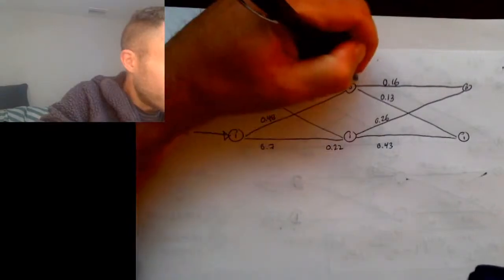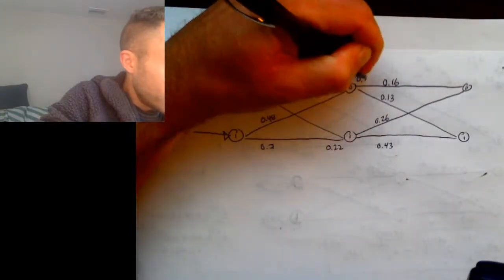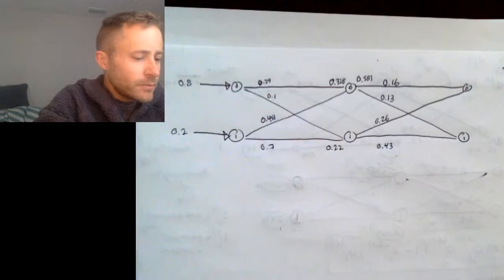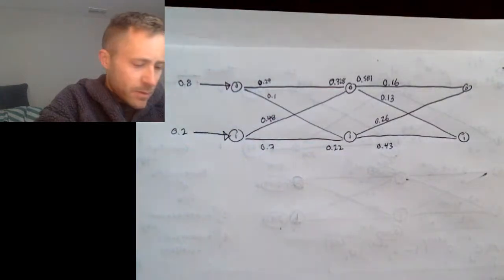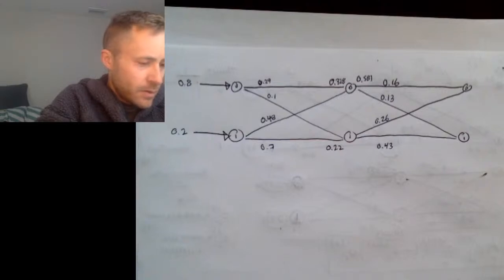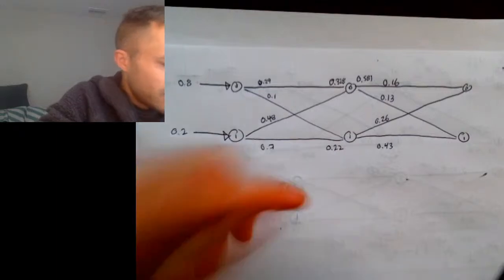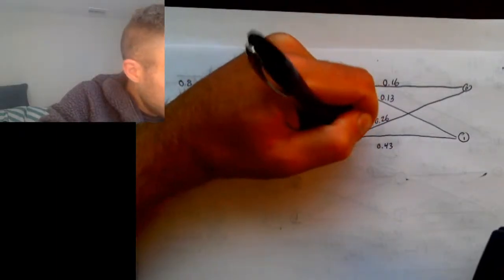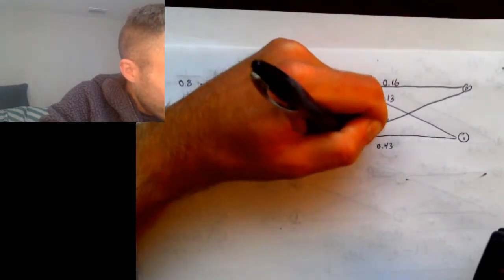So this one has an output of 0.581. This one has an output of 0.555.